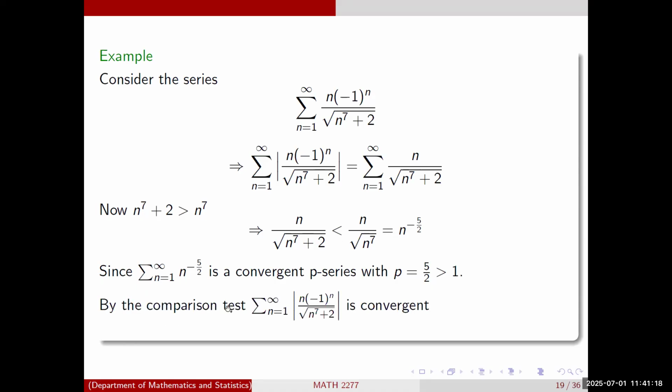So by the comparison test, the series of the absolute values is convergent, which implies that the original series is absolutely convergent, and absolutely convergent means it is also convergent. Okay, so it's a very handy tool if some of your terms, or maybe infinitely many of the terms you're adding together, happen to be negative. What you could try is just take the absolute value of it and see if it converges absolutely.